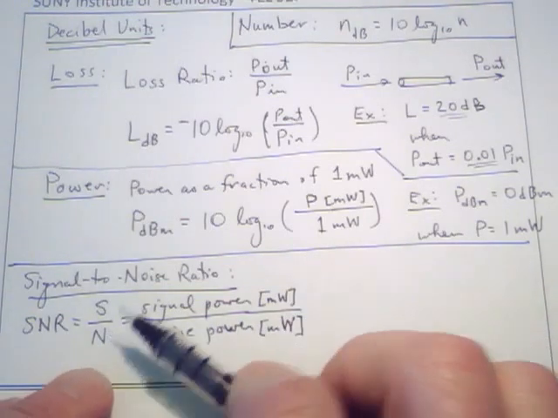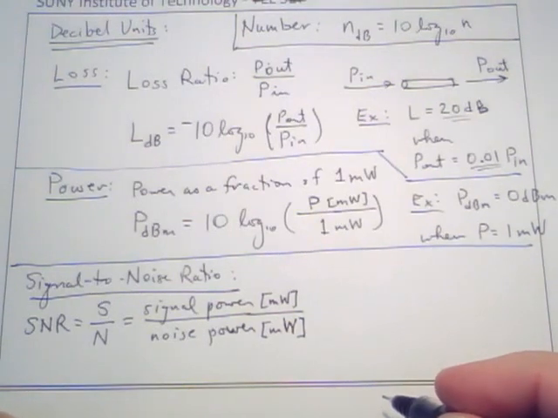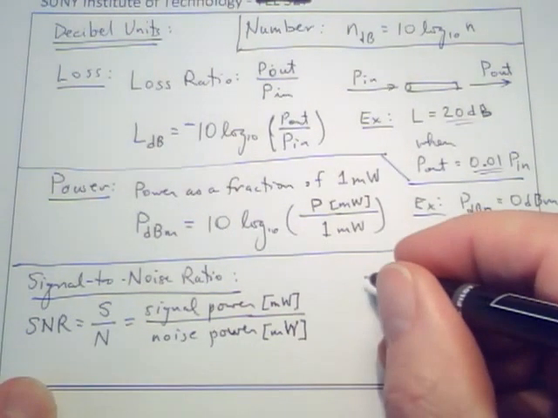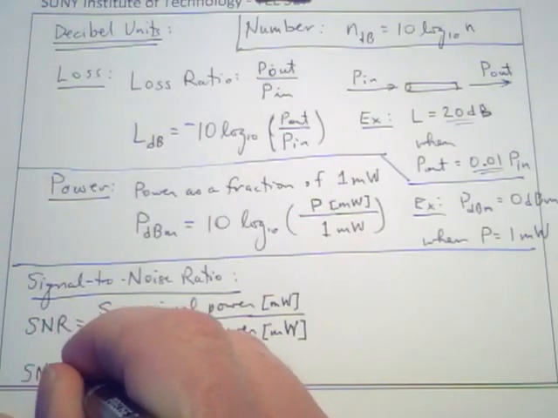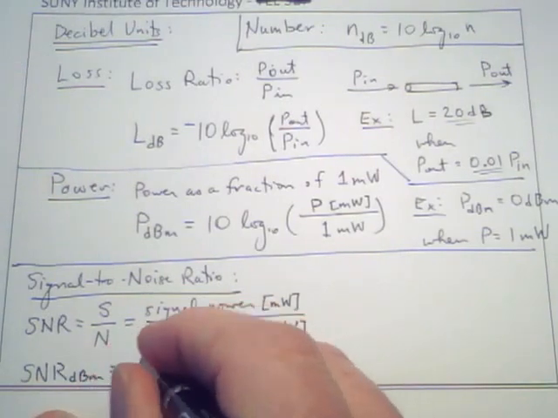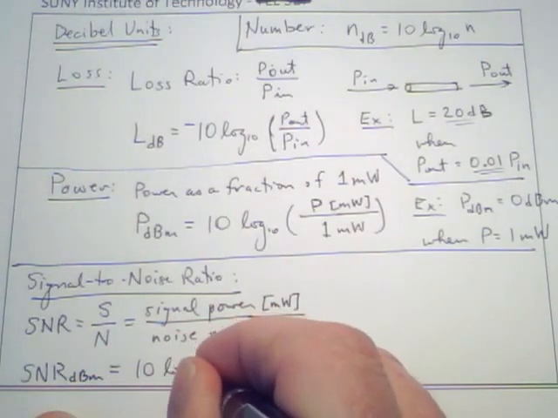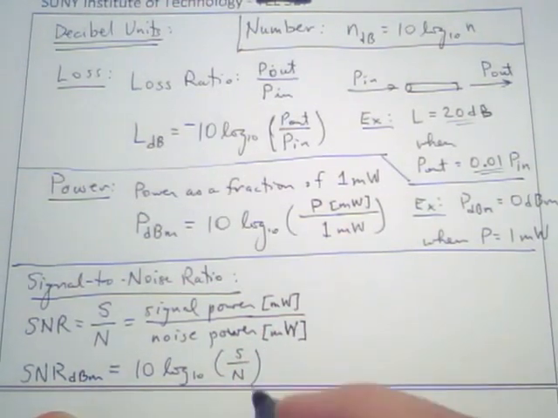When they're in dBm, it becomes simpler. The signal to noise ratio in dB is equal to 10 log 10 of the signal divided by the noise, where inside here these are in milliwatts.